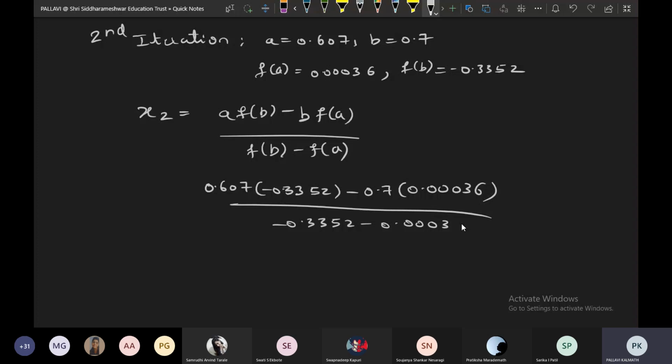What happened? Ma'am, that 0.00036, can't we convert it into like 0.04, 0.004? Ma'am, then we will get correct.